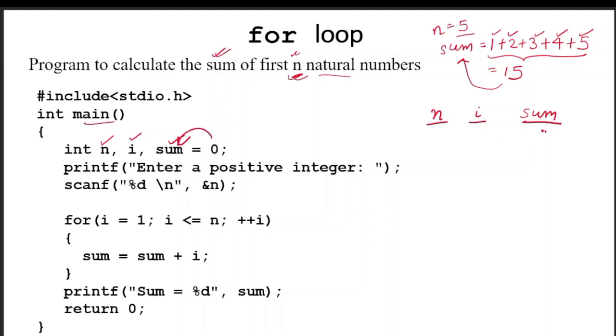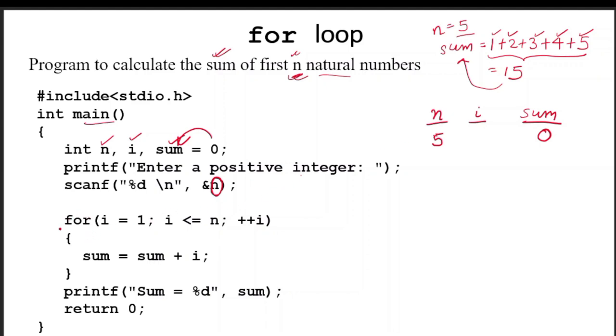It is asking the user to enter a positive integer using scanf, and stores it in the n variable. Suppose the user asks for the sum of the first 5 natural numbers. So the n value the user enters is 5, and it is stored in the variable n.